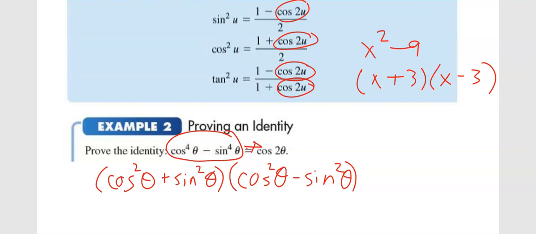Can we do any substitutions? Remember, we want something that involves cosine 2 thetas. Hey, we could do all kinds of substitutions, couldn't we?